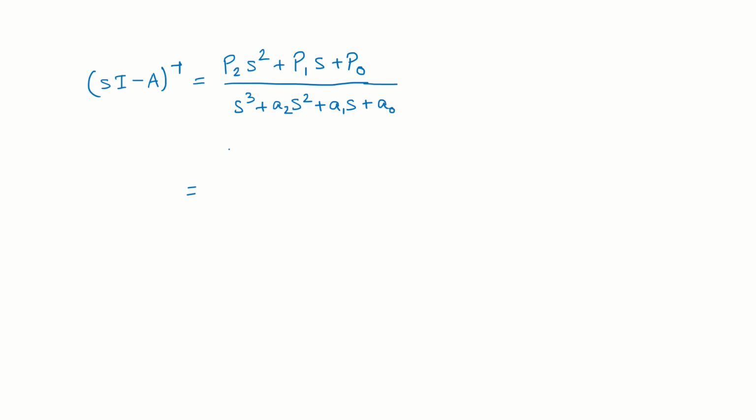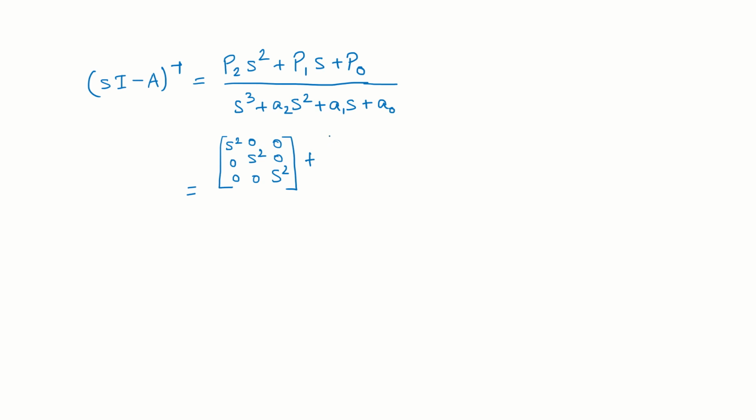So we have calculated P2 as I, so it is simply s square, s square, s square, all others are 0, plus P1. What is P1?